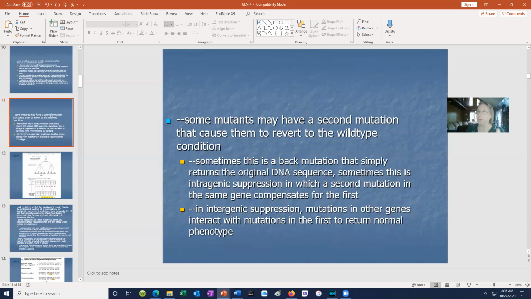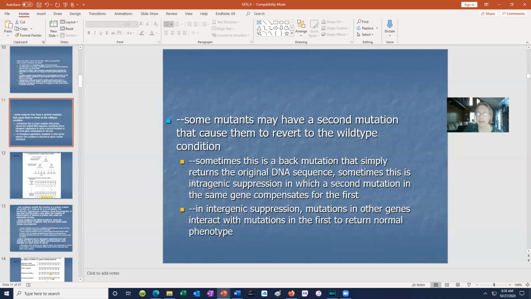Sometimes you could have a mutant phenotype caused by mutation number one, but a mutation number two could then change it back to the original wild type form, or at least the wild type function. And so that could be what's called a reversion mutation. Sometimes it's in the same gene. So a mutation in the same gene as the first mutation reverts it to the wild type function. The protein works again.